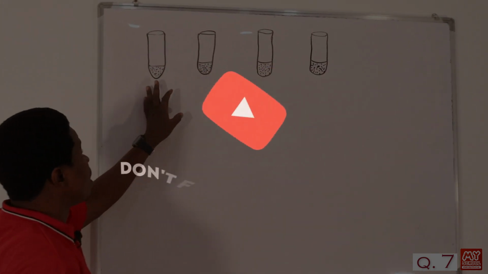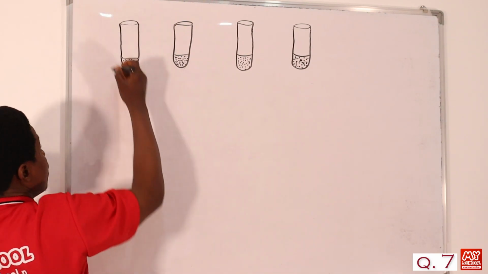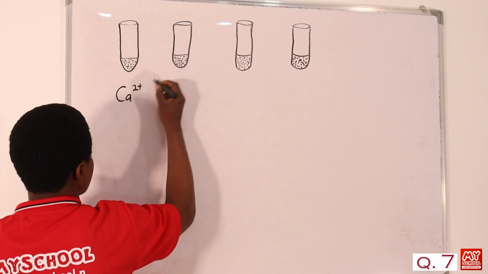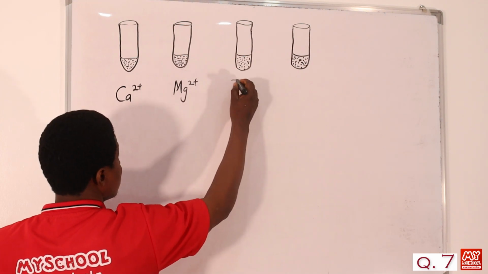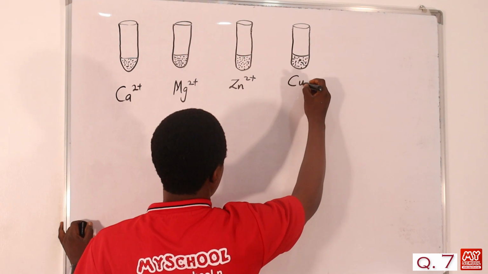Let's say we have 4 different test tubes. Here we have the first one, calcium ion. The second one is magnesium ion. The third one is zinc ion, 2+, and then we have the copper ion.